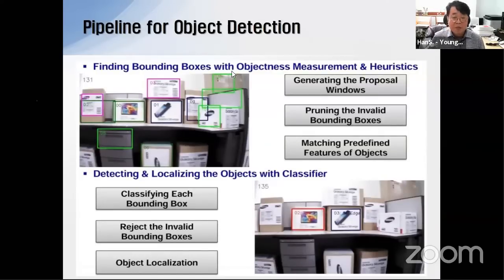Then it classifies or identifies this area. If it does not contain the image of the object, it is rejected or discarded. Then ultimately we can find the exact bounding box that includes the real object inside of the image. That is the general pipeline for object detection.